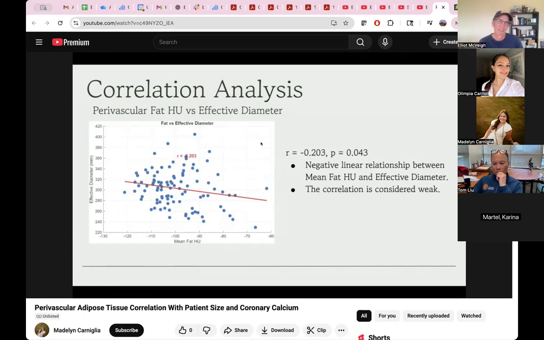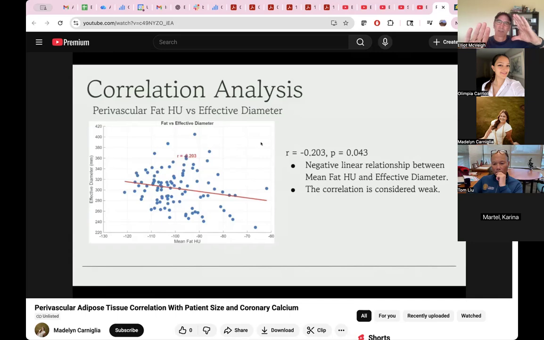So bigger people could cause more beam hardening, right? Yes. Such that your Hounsfield units in the central part of a disk, if you just look at beam hardening in a water cylinder and you don't correct for it, what you get is a dip in the middle of the water cylinder.